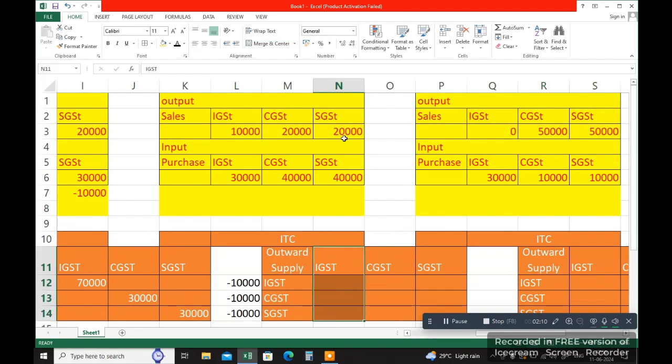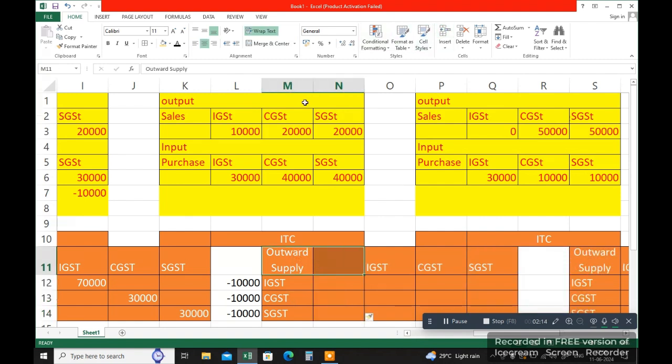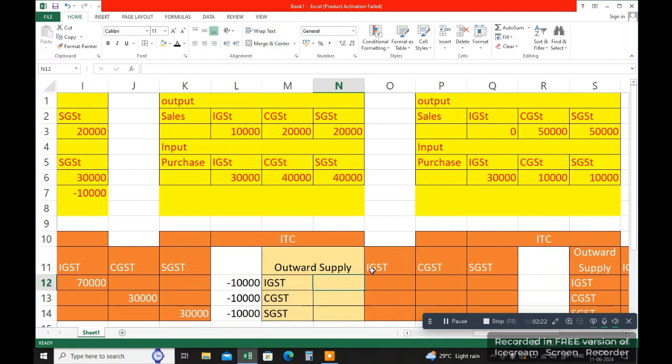I'll just insert one more here because while preparing the report I didn't do that, so I'll do it now. Now in this case, I'll do output minus input. You are getting negative here.